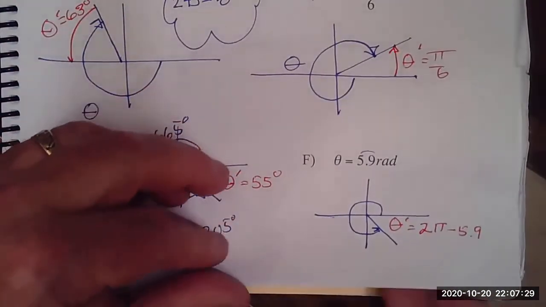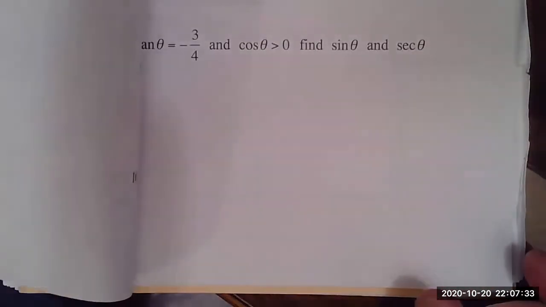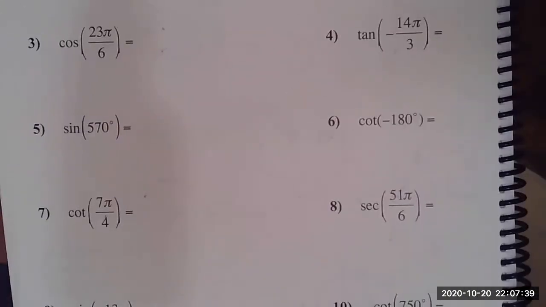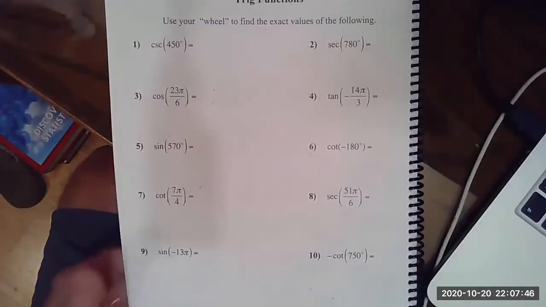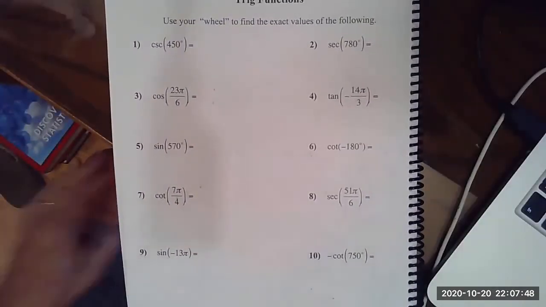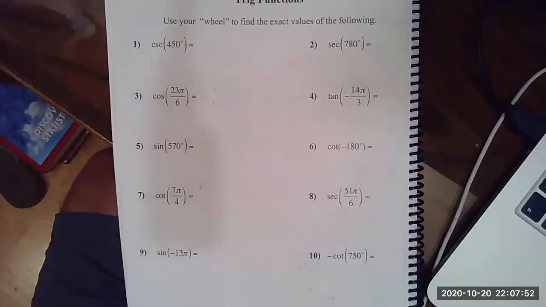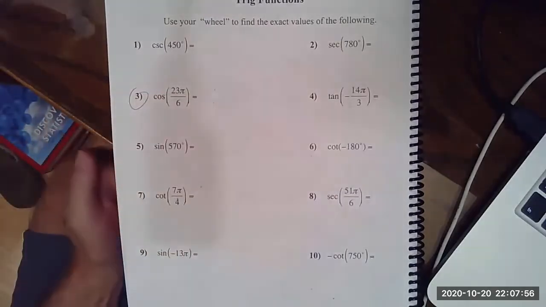So that's the reference angle concept. These guys are just more of the same for you. Some of them are just a little bigger. When I say more of the same, you have to use your wheel again. So maybe I'll do a few of these. I'm not going to do them all. I'll do a cosine.